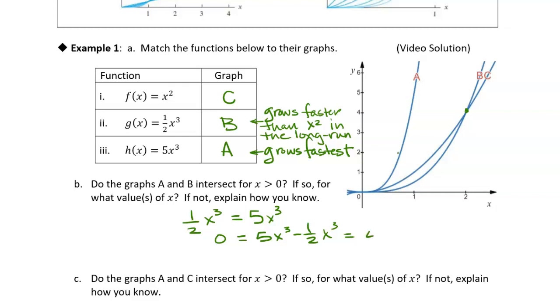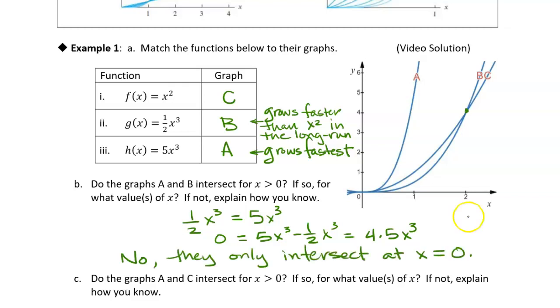They're like terms, so we can just say it's 4.5 x cubed. And when does that equal 0? Well, it's only going to be 0 when x is equal to 0. So we can say no, these graphs will not intersect for x greater than 0.